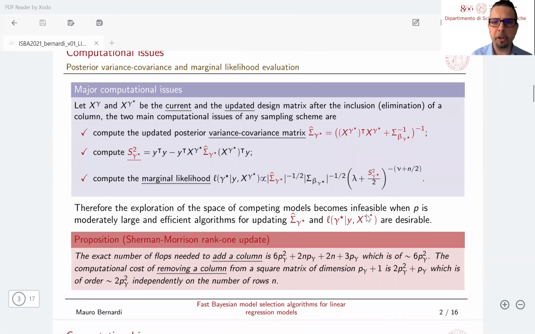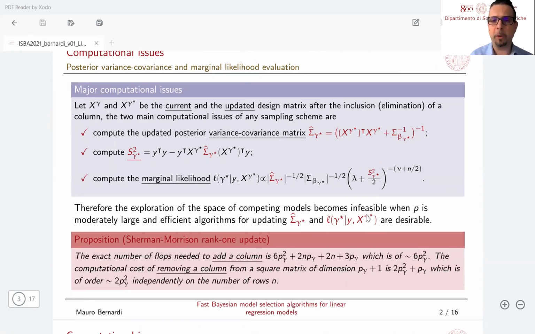The major computational issue we face when we want to explore the posterior distribution of competing models is evaluating the variance-covariance matrix sigma gamma star, which is made of two major components, the square of the design matrix X and the inverse of the prior distribution. So when p is large, we need to invert a high-dimensional variance-covariance matrix.